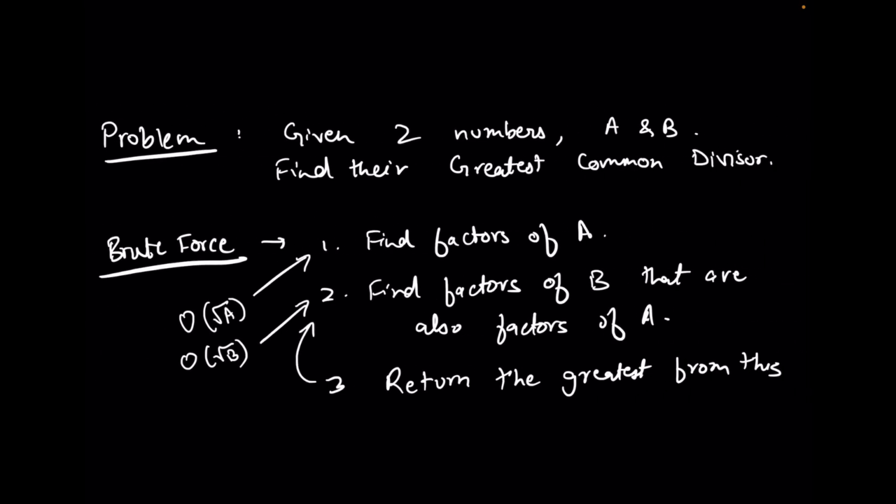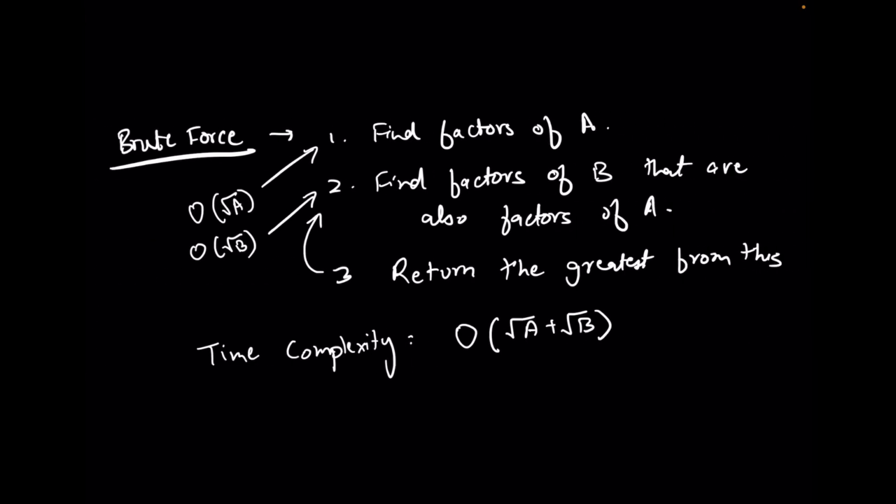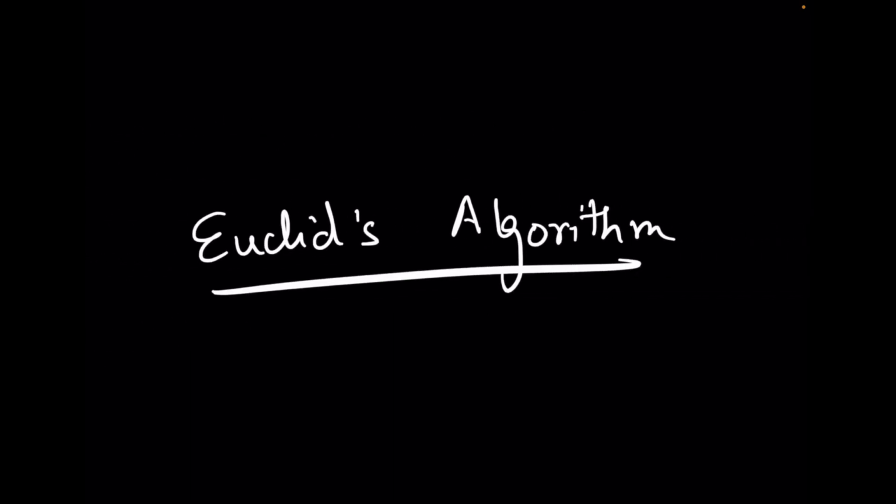So the entire time complexity of the brute force algorithm comes out to be big O of root A plus root B. Now this is good. It's not that bad of a time complexity, but Euclid's algorithm can help us do much better than this. So what is Euclid's algorithm?